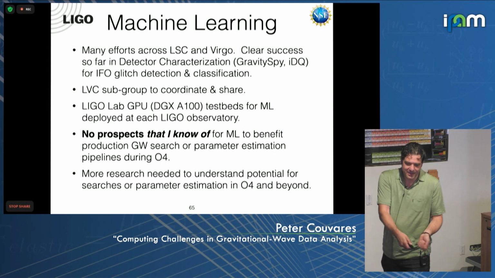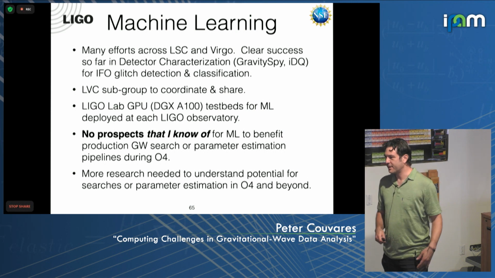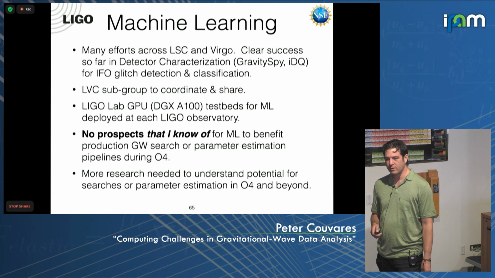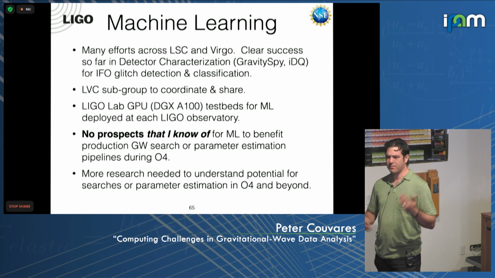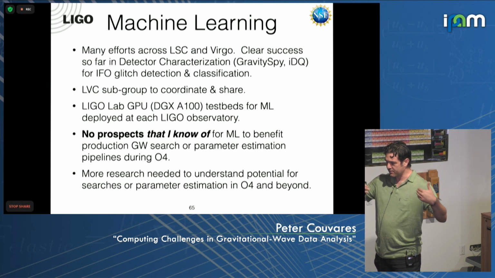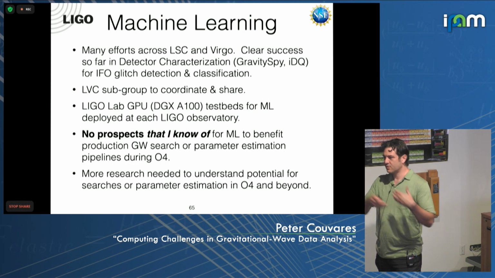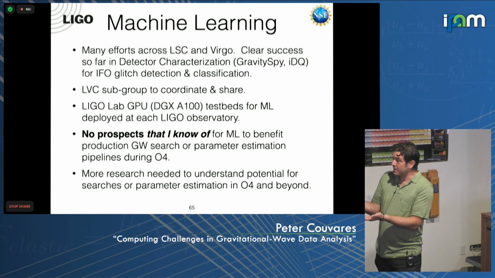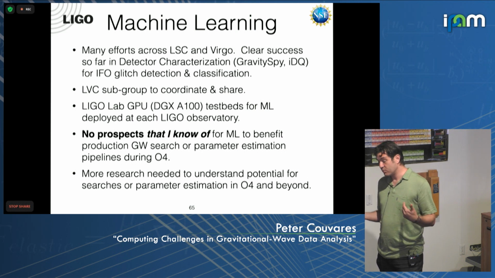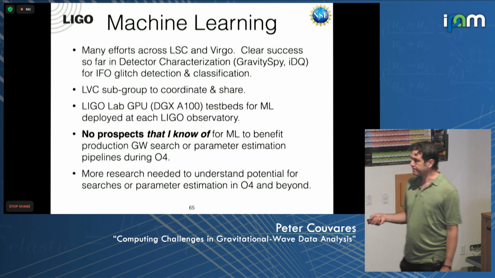You test it against some fake data, write a big paper and move on, right? And that's what you get rewarded for. And so there's a sort of incentive problem to actually bring these things from flashy proof of concepts to production searches. And when it comes to optimization, to actually doing more science with less compute, it's not helping us yet.